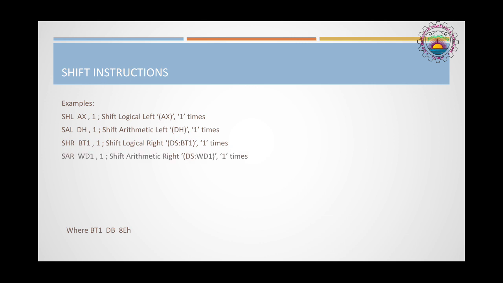SAR WD1, 1: a word will be fetched from memory within the data segment at the WD1 offset, and that word will be arithmetic shifted right within the ALU, and the result of that shifting will be stored back as a word at location WD1 within the data segment.